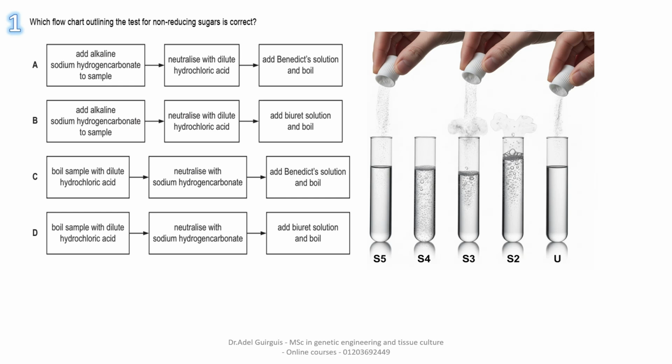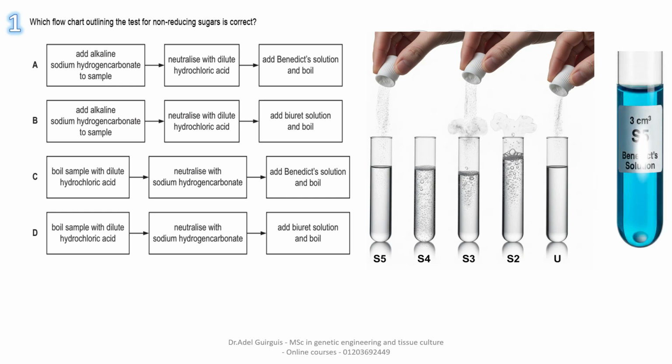It's okay. This step is so important. Why? Because Benedict solution, Benedict reagent, Benedict test works best in alkaline medium. So we have to change the mixture acidity medium to neutral, then to alkaline medium by neutralization process.